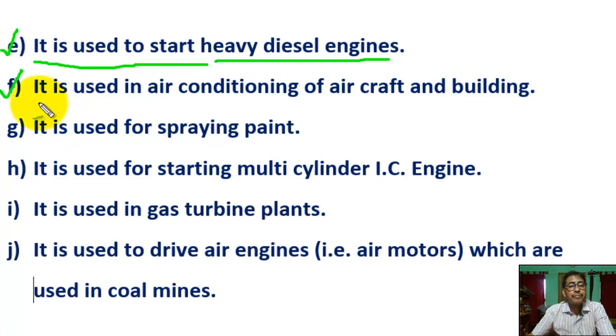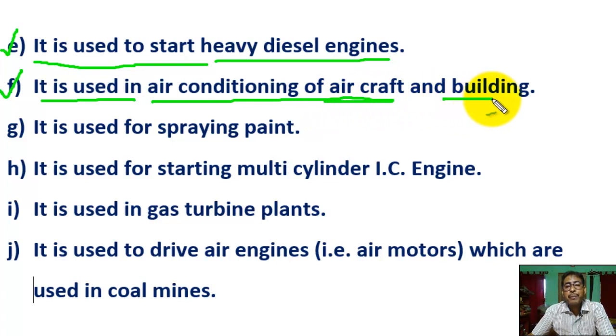Number F, compressed air is used in air conditioning of aircraft, airplanes and buildings. Number G, compressed air is used for spraying paints.